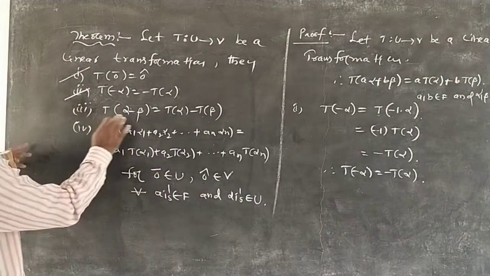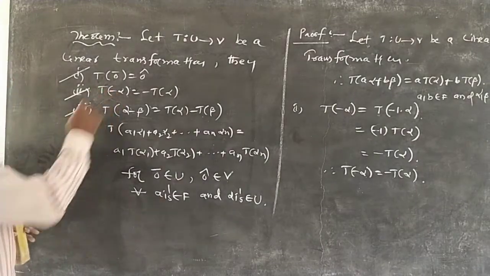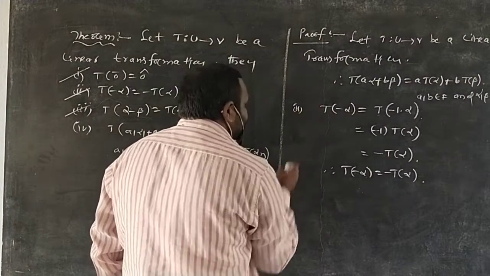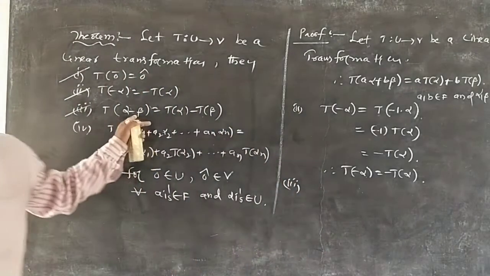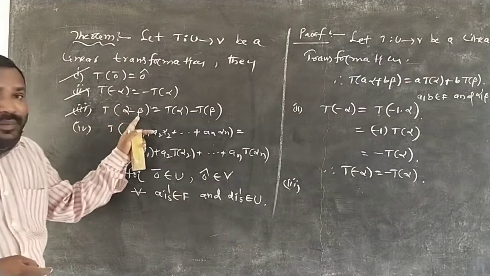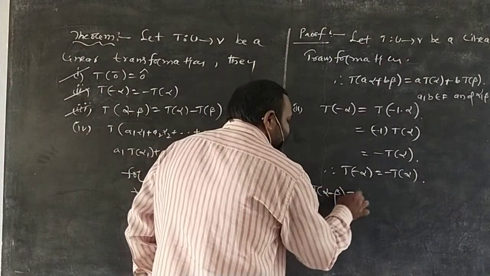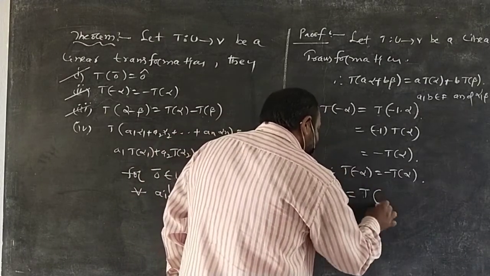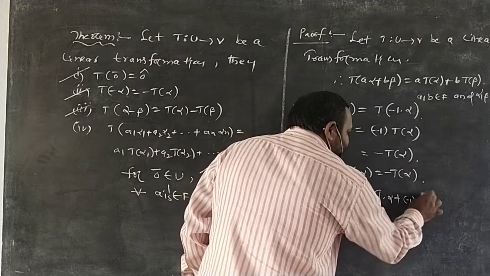Next, the third one: T of alpha minus beta equal to T of alpha minus T of beta. This is to be proved. You take the LHS, T of alpha minus beta. This can be written as T of 1 into alpha plus minus 1 into beta.